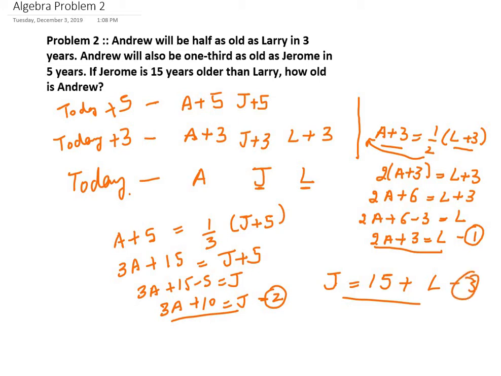So we have three variables and three equations. So we can find the value of all three variables. So how will we do that? What we are told to find is the age of Andrew, right?